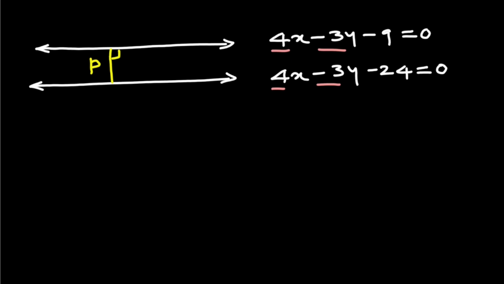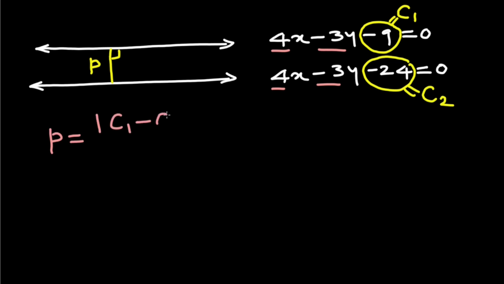The only difference between their equations is they have different values of constants. For the first line, C1 is minus 9 and for the second line, C2 is minus 24. We will use the formula P equals mod (C1 minus C2) upon square root of A squared plus B squared.